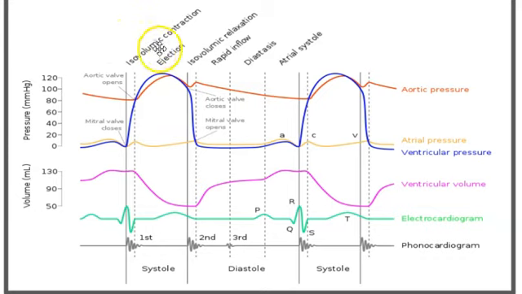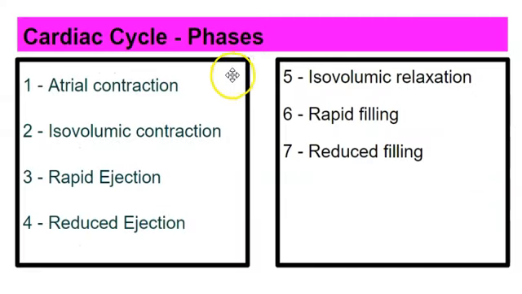This breaks it down to like 6 phases, and we've got an additional phase in there for our purposes, so let's not get too confused by that. We're talking about 7 phases: atrial contraction, isovolumic contraction, rapid ejection, reduced ejection.